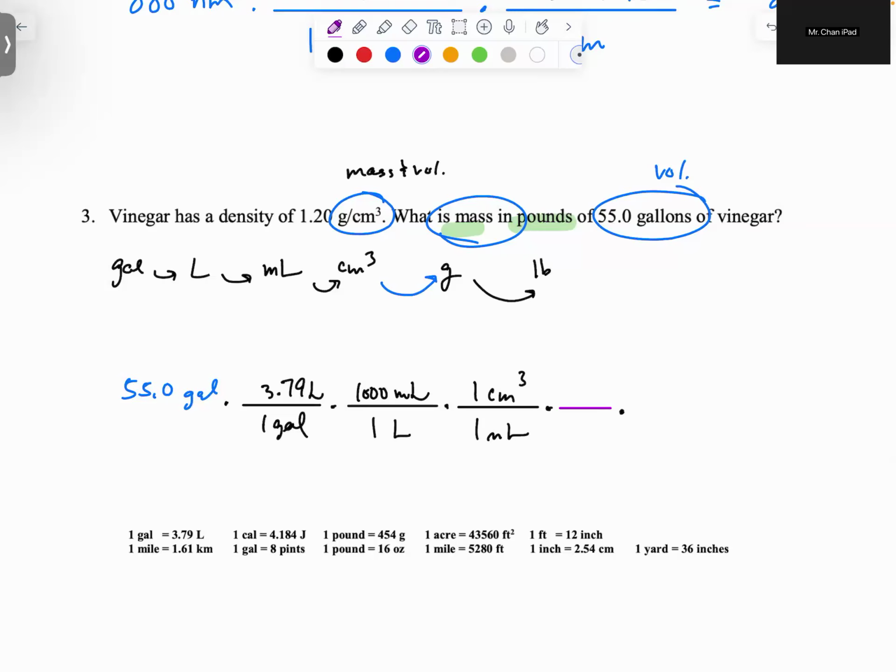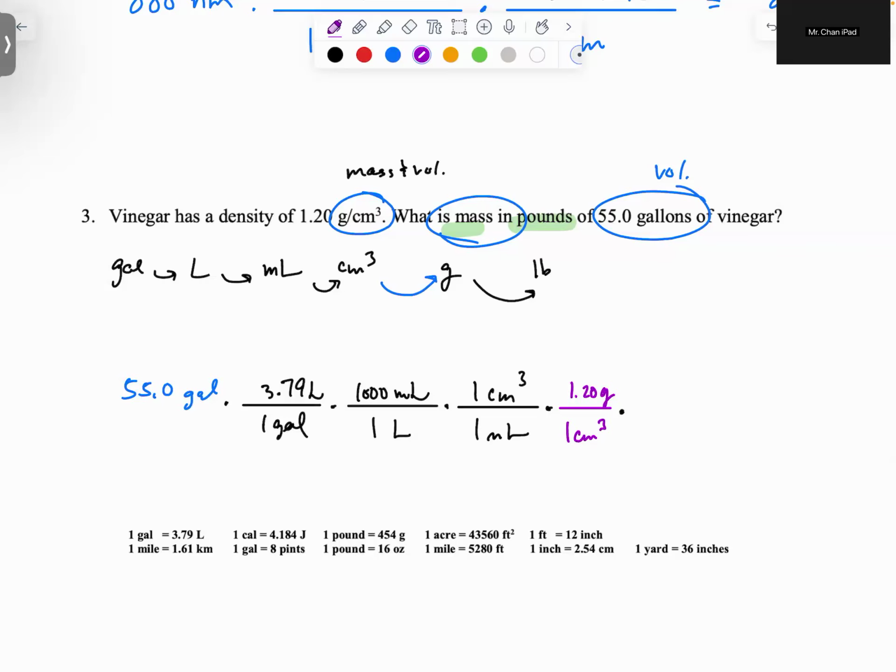And now it's a moment to shine, because now we can go ahead and apply our density. So now we finally have a change in dimension. Before the purple fraction, it was all just within the dimension of volume with a different unit.